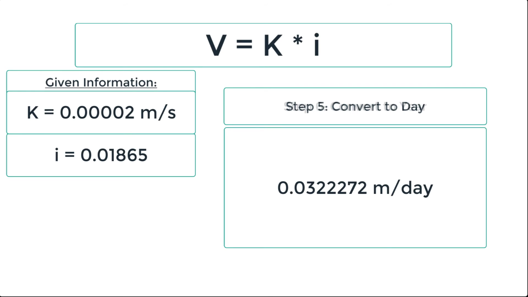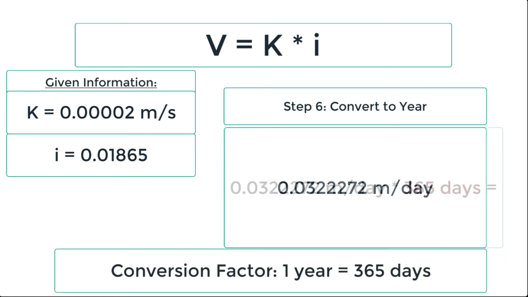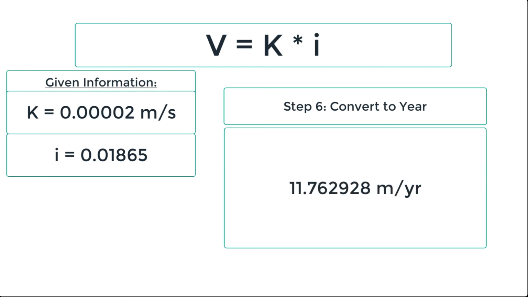Finally, we want to convert our answer into years. So how fast is that groundwater moving every year? So let's take our answer in meters per day and multiply it by 365, because that's how many days there are in a year. This conversion will tell us how far the groundwater has moved in a year.